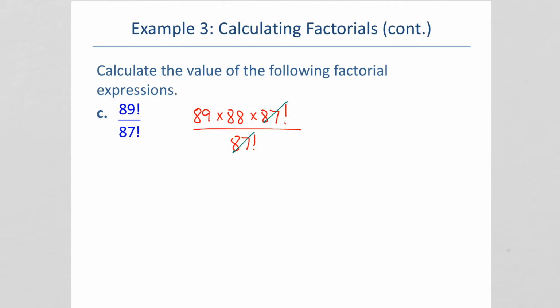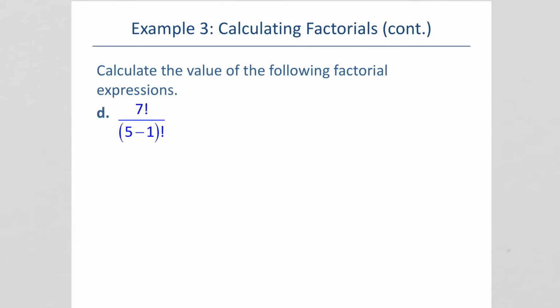Those can now cancel out. So all we're doing is 89 times 88, which is 7,832. So that's a good little hint there: instead of writing it all the way down, look and see if there's something that you can cancel out.